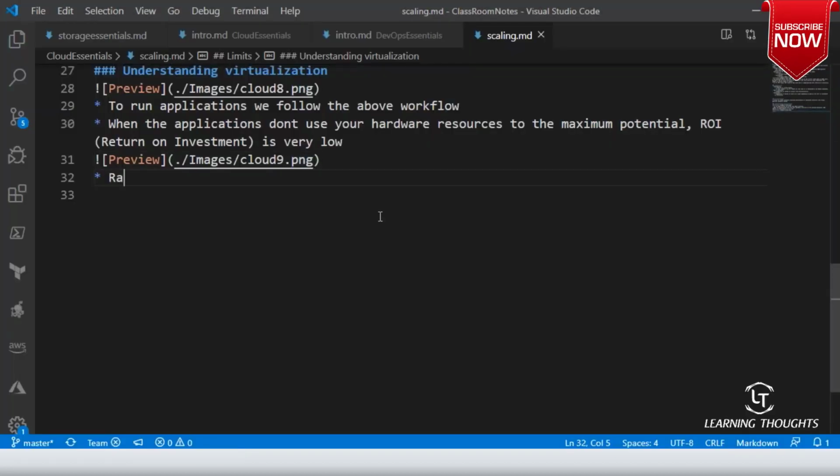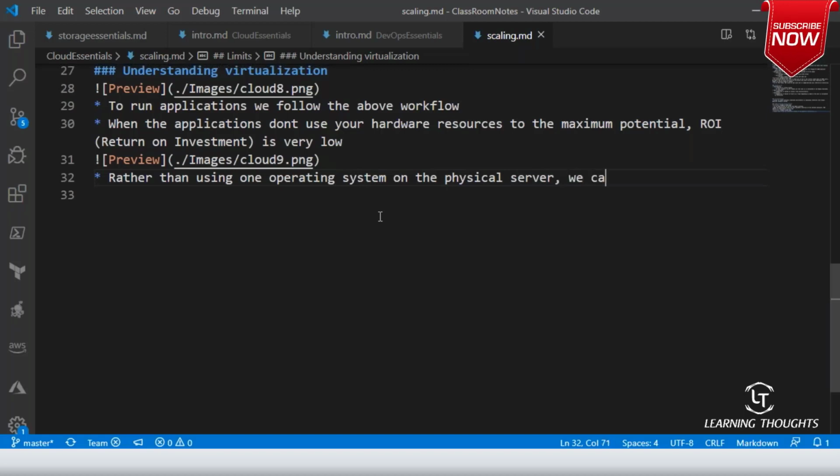So rather than using one operating system on the physical server, we can create multiple virtual machines on the same physical server.